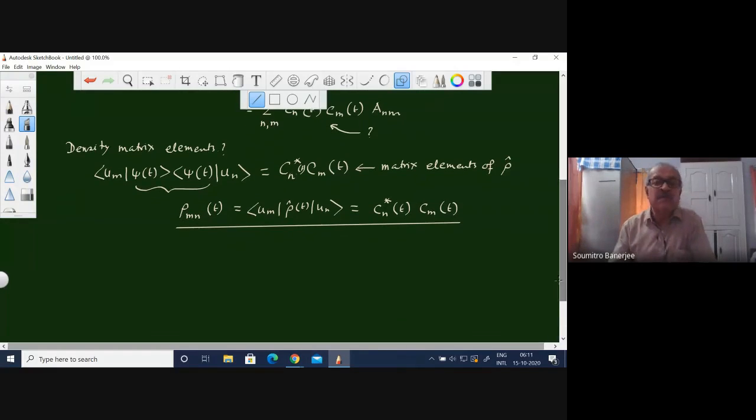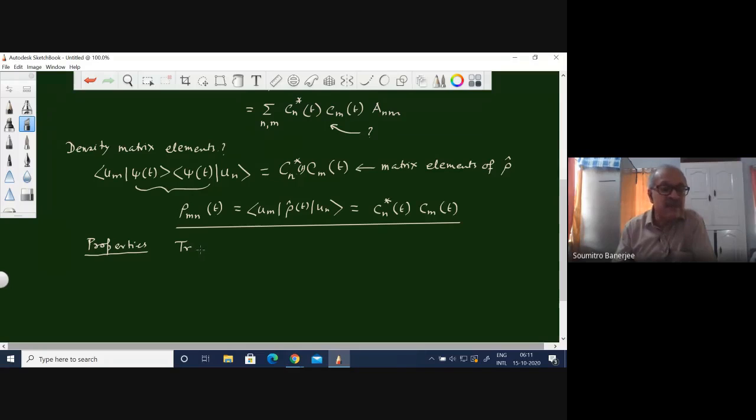So what are the properties of this density matrix? We need to clear that out. So, properties. Firstly, if it is a matrix, then we can calculate the trace. So the trace of the density matrix rho will be, each element. The trace is the summation of the diagonal elements where m and n are equal.